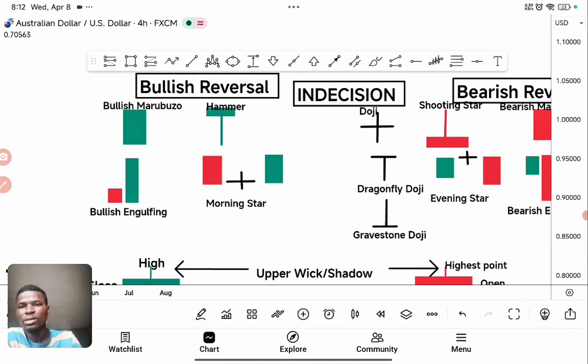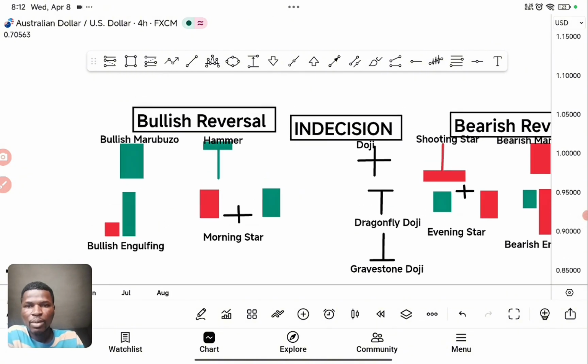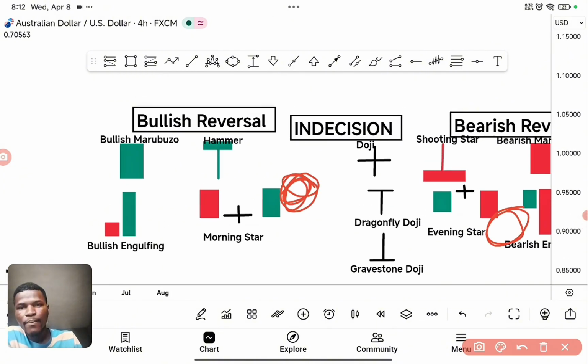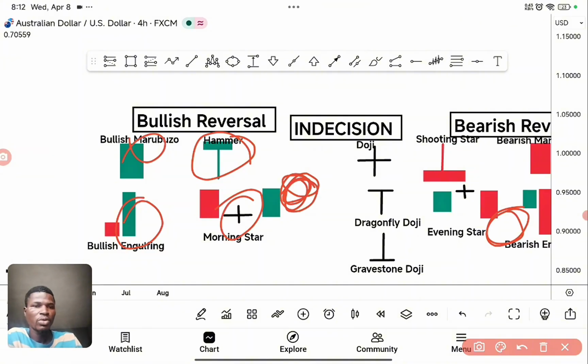We have the hammer. We have the bullish engulfing, morning star, bullish Marubozu, shooting star, bearish Marubozu, evening star, indecision candle, Doji, Dragonfly, Gravestone.